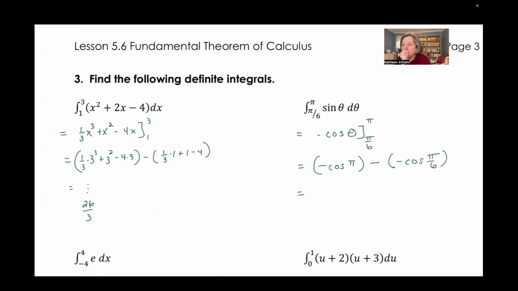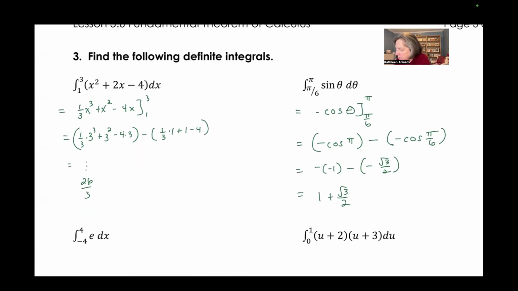All right, cosine of pi is -1, so minus -1. The cosine of pi over 6 is root 3 over 2. So negative root 3 over 2. So that's 1 plus root 3 over 2 would be my answer.